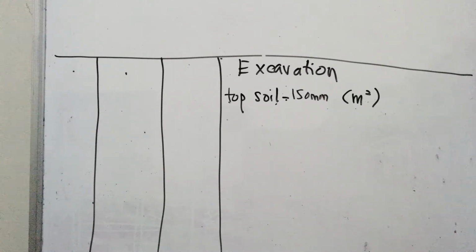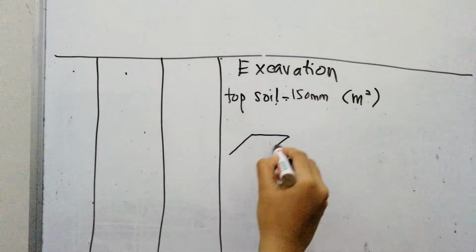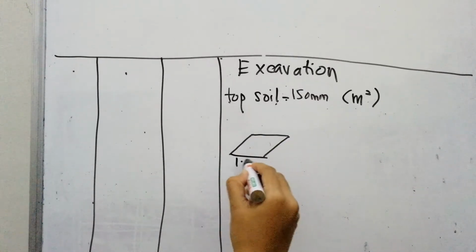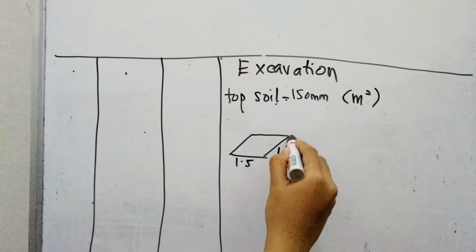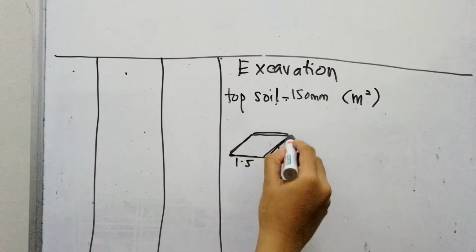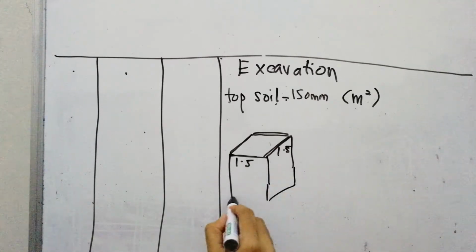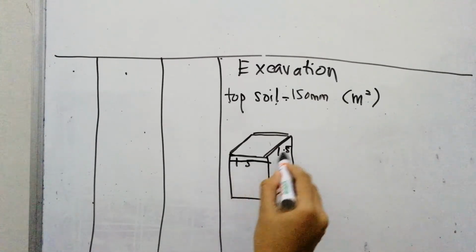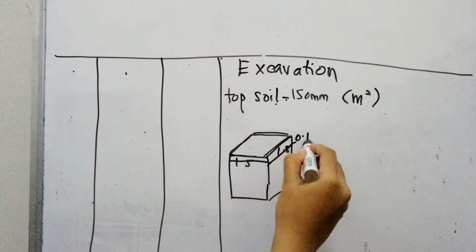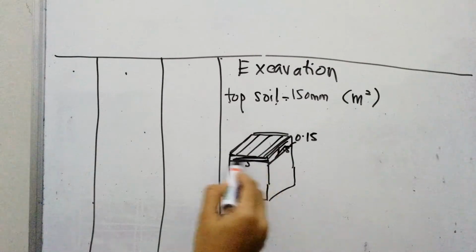So we know that the size of your pad footing is 1.5 by 1.5. So this is your area to remove, your topsoil. You need to remove this one.